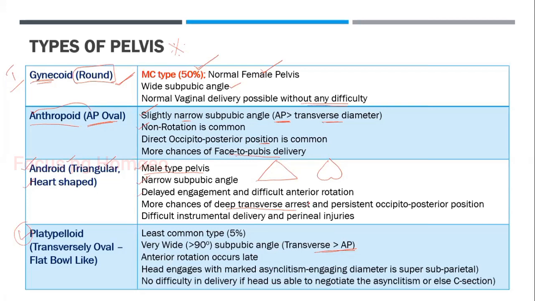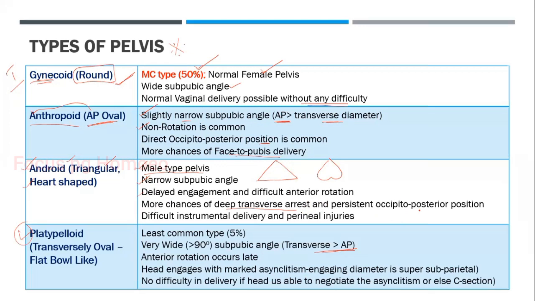When there is transverse arrest, the pregnant lady should immediately be taken for C-section, because the fetus is not able to descend and can go into distress. That is why the android pelvis is a difficulty for normal labor or normal vaginal delivery.